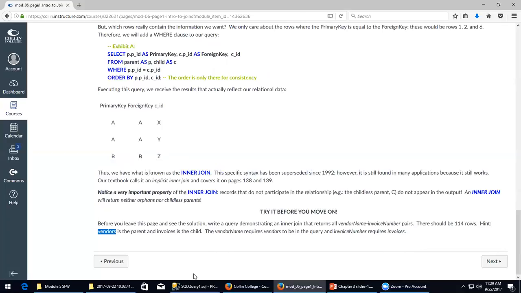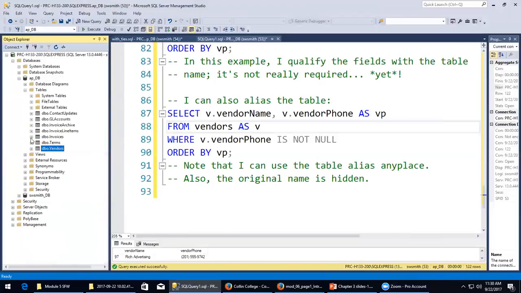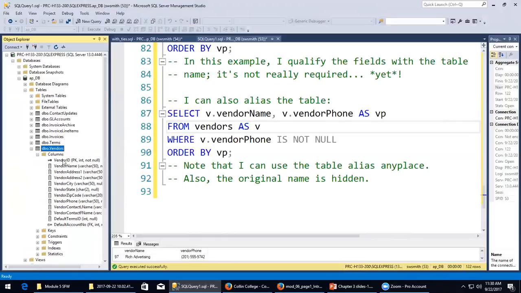Can you see it? What is it? Well, how can I find out? I'm going to go over to vendors, and I can see the primary key.